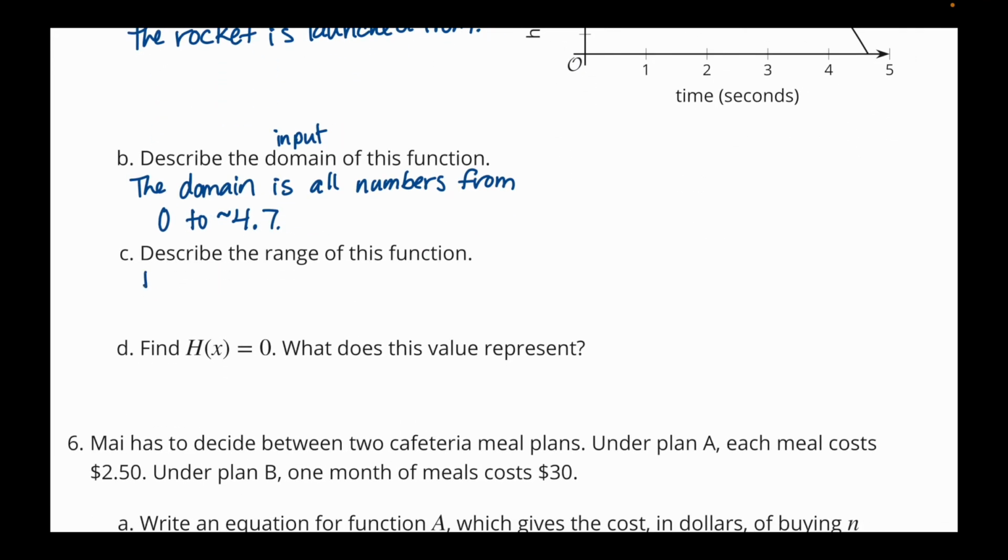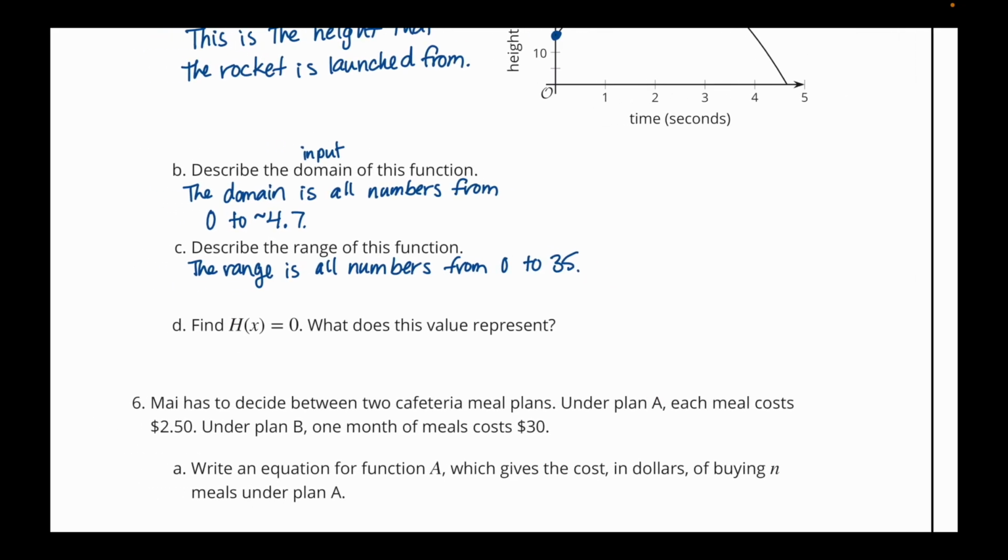So we can say the range is all numbers from 0 to 35. Now find h of x equals 0.